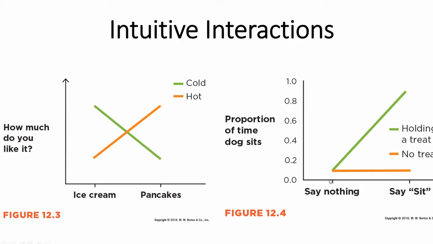The dog is not going to sit spontaneously no matter what other independent variable is involved. If you say sit, their action depends on our other variable, which is whether or not you're holding a treat. So if you don't tell the dog to do anything, they're not going to do anything no matter what you're holding. But if you tell the dog to sit, they will sit if you're holding a treat, but not when there is no treat.